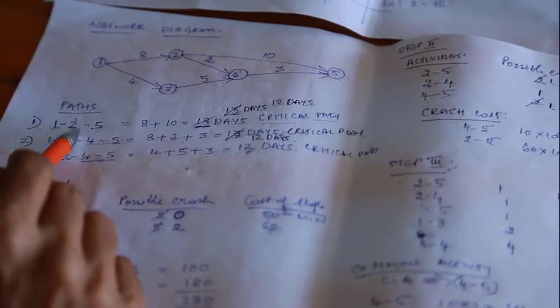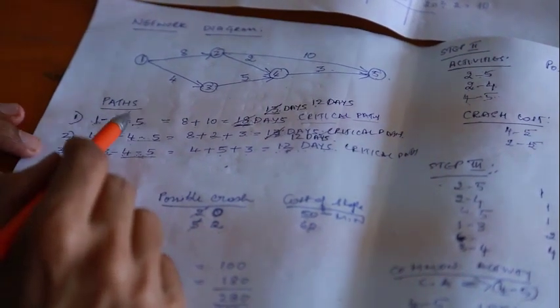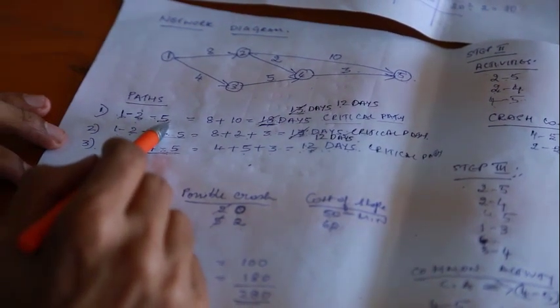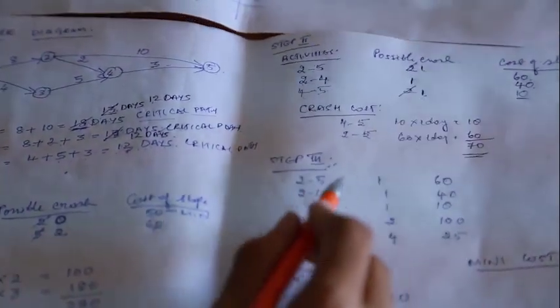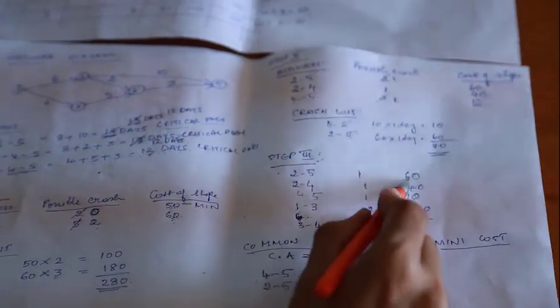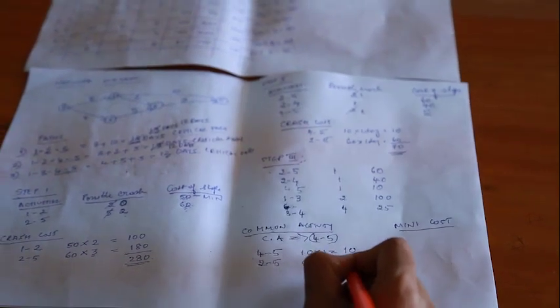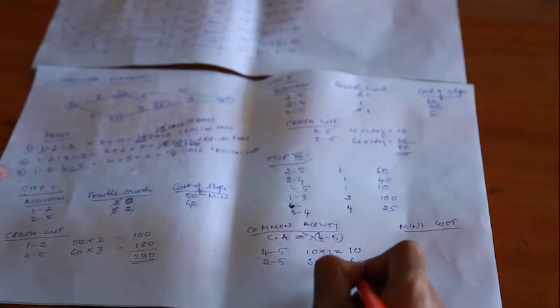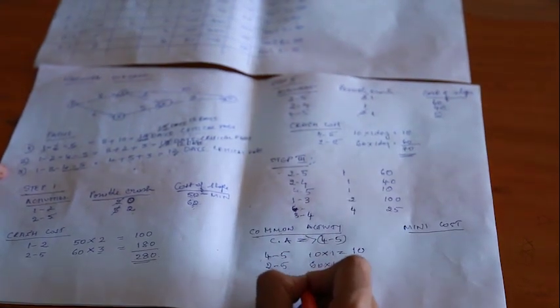So any one of the activity compulsorily has to be crashed, though there is no common activity. So we shall take 2 to 5. The possible crash is 1 and the cost of slope is 60. So it is 60 into 1, 60. The total crash cost comes up to 70.